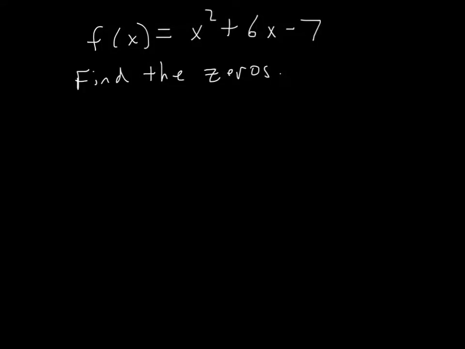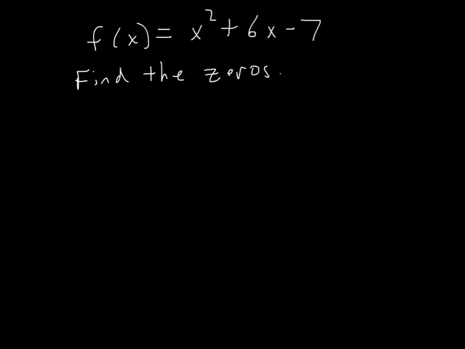So here's the same exact quadratic right here, but now instead of it just being a quadratic expression, we're going to call it a function. We're going to say f of x equals x squared plus 6x minus 7. And the question is now not just to factor it, but to find the zeros. Find the zeros of this function.